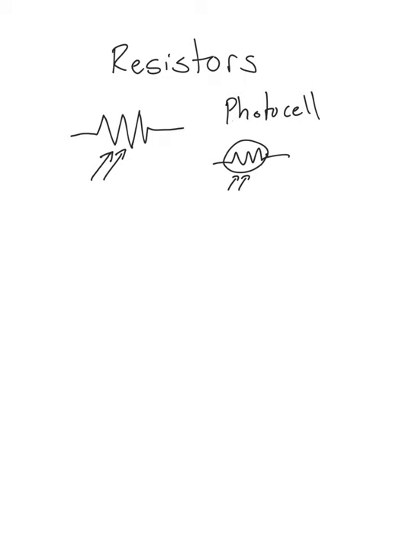So a photocell, its resistance changes based on light. Most of them, as light increases, what you're going to discover in the lab is what is resistance going to do. Is resistance going to increase or is it going to decrease? Most of these are going to be inversely related. So as light increases, resistance decreases. And as light decreases, resistance will increase.